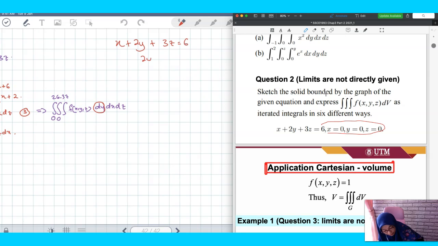So now you have y: 6 minus x minus 3z, so y equals 3 minus x over 2 minus 3 over 2 z.